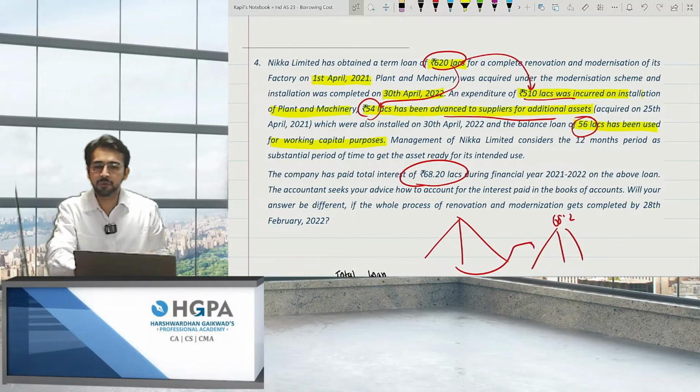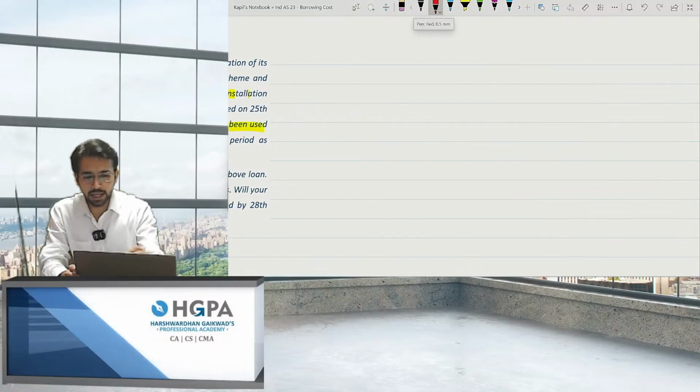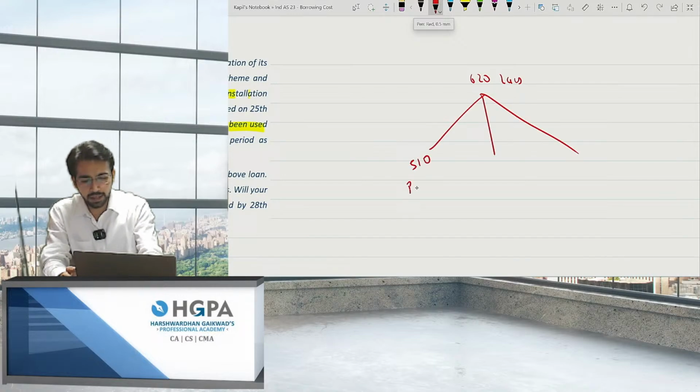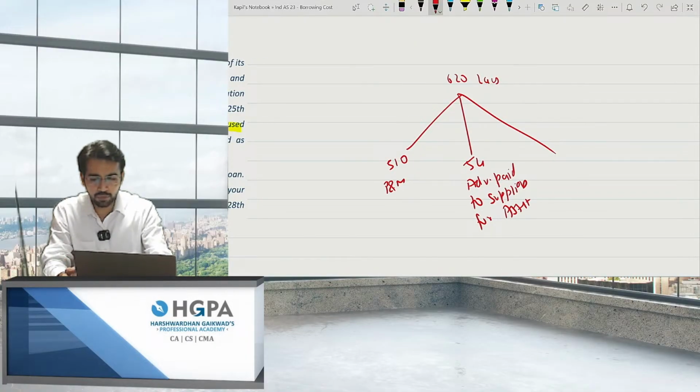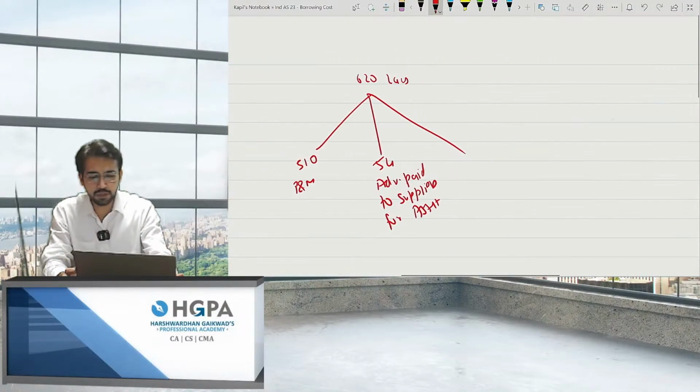See, question 4 states that 620 lakhs was spent on three things. 510 was spent on plant and machinery. 54 was spent on advance paid to suppliers for asset, and the rest of the amount, which was 56, I guess, yes, 56 was for working capital.